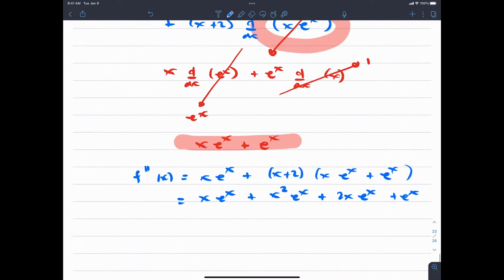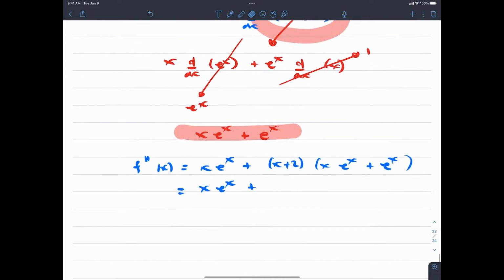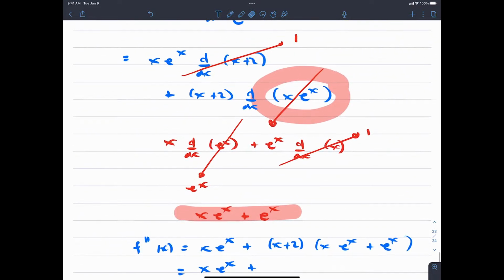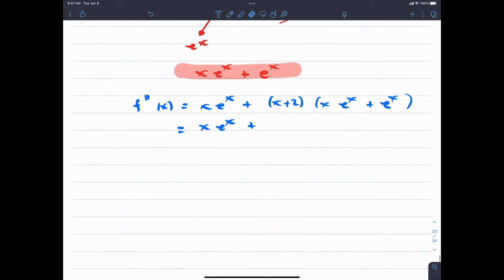Nope, there's more to the story. Hold on. All right, double check here. X squared. Okay, here's what we're going to do. That's going to be x squared e to the x plus x e to the x. Okay, plus what? 2x e to the x plus 2 e to the x.